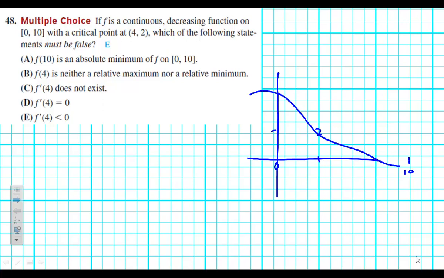Well, it's decreasing. And we know that on every closed interval, there's got to be an absolute max and an absolute min. If the function's decreasing, it sure seems like this would have to be the absolute min. I can't see any argument. I don't think that's a false statement. I think that's an absolute true statement.